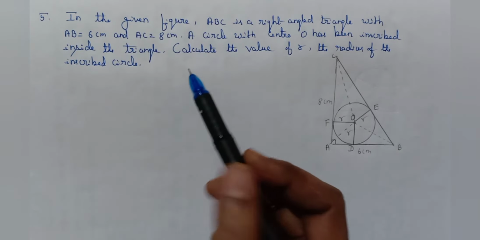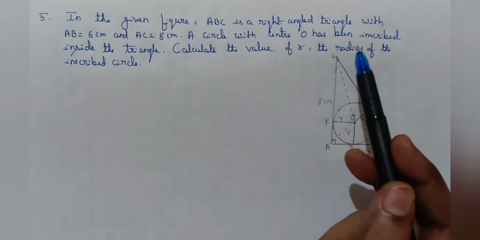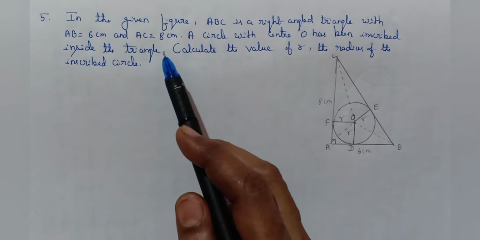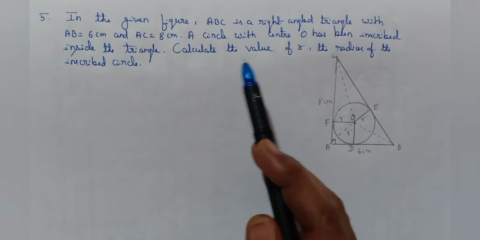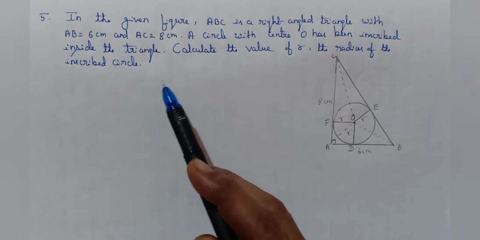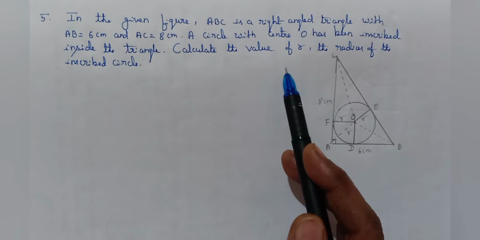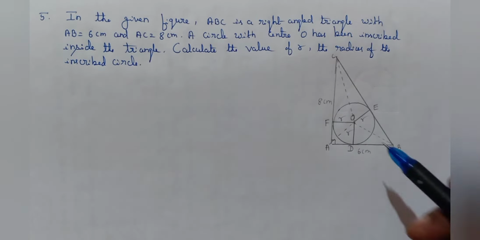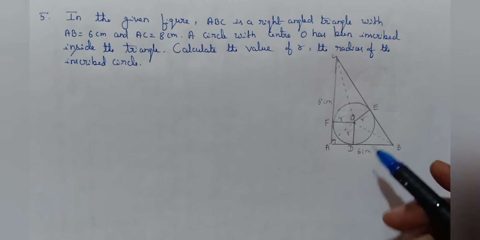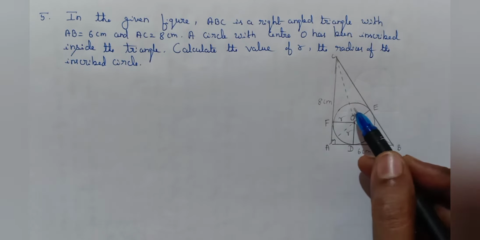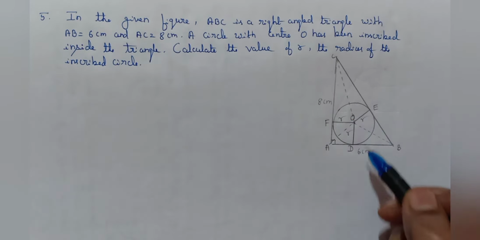Next problem. In the given figure, ABC is a right angle triangle with AB equals 6 cm, AC equals 8 cm. A circle with center O has been inscribed inside the triangle. Calculate the value of R, the radius of the inscribed circle. Here, ABC is a right angle triangle and a circle with center O is inscribed in it.